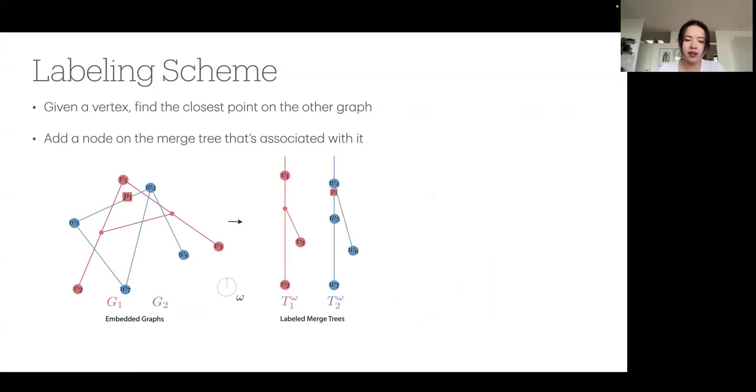In G1, the point of choice in this example is V1, the point on the top here, and its closest point on G2 is the P1 that I added on the blue graph. And we can add a node on the merge tree that's associated with it, which means that at the given direction of computing, we can just add a point that has the same height value. Now, if we do that for all the extremal vertices, then I'm guaranteed to have two labeled merge trees of the same size.